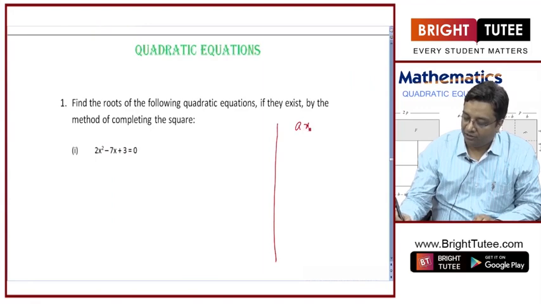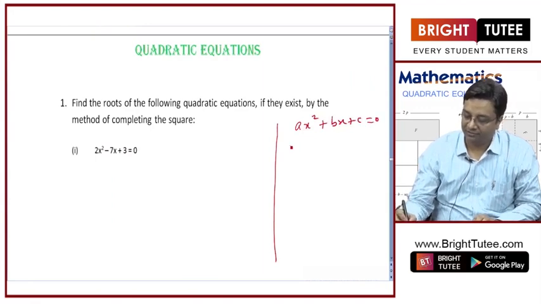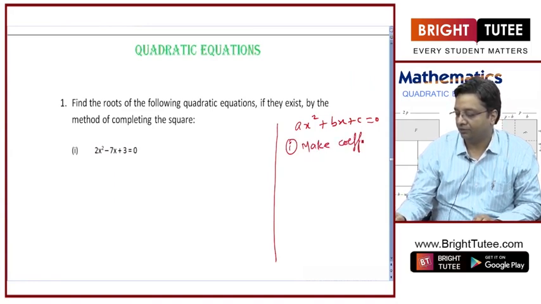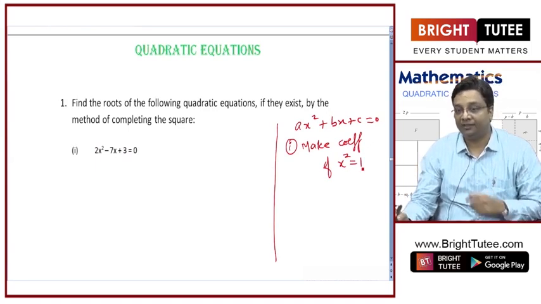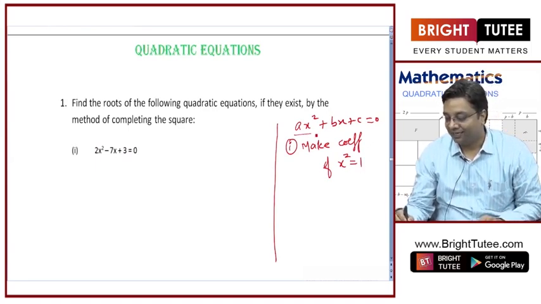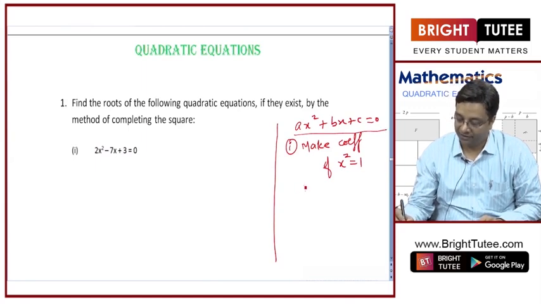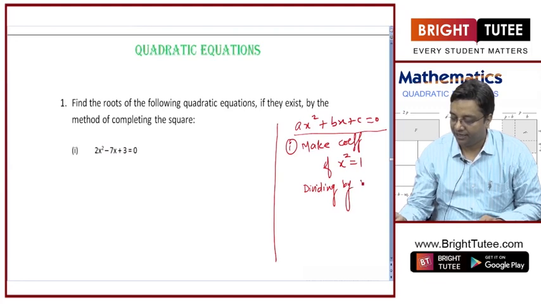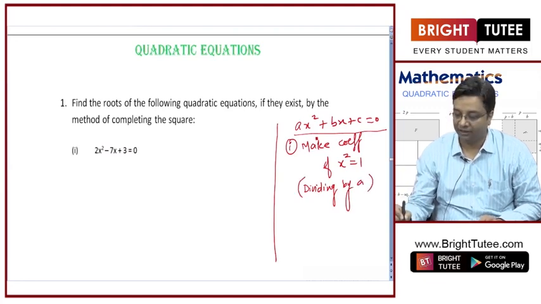For example, there was a quadratic equation like this, right? The first step was making the coefficient of x square equal to 1. And how did we do that? We did that by dividing both sides by a, the coefficient of x square, right?